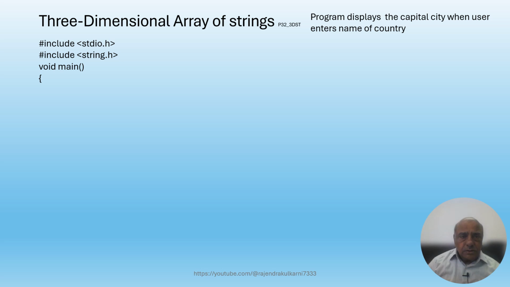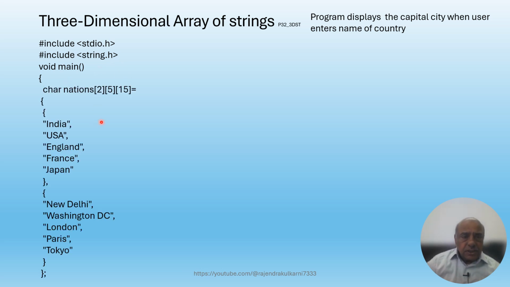The usual two files we have included, stdio.h and string.h. Then there is a 3D array of strings which we have declared with the name nations. Please look at the subscripts.